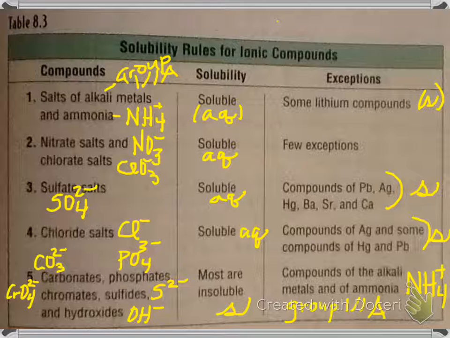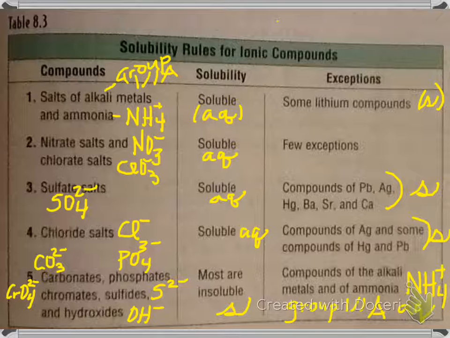Okay, so again, they're an exception to being a solid, so these would get aqueous, which is consistent with rule number 1 up here. So you're going to use these rules to predict what states of matter things are in.